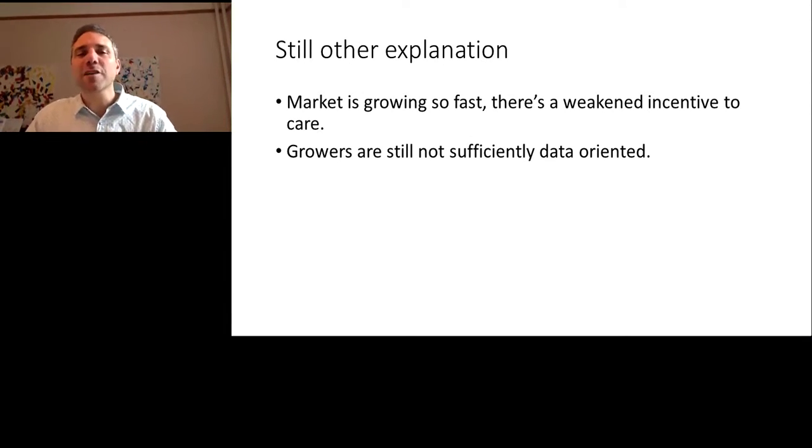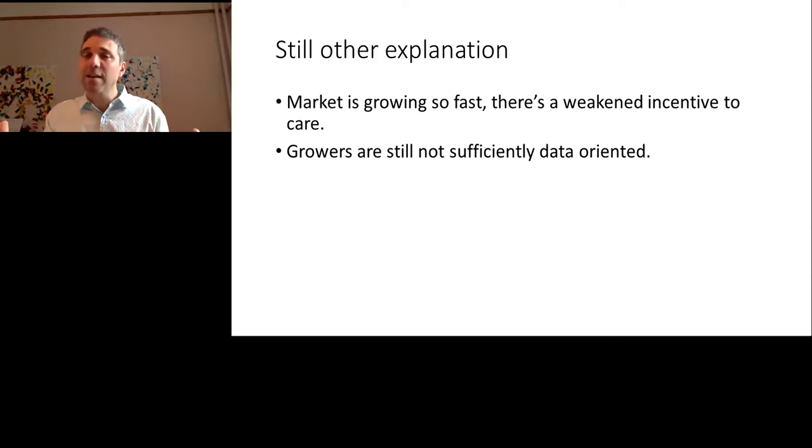And there are other reasons also. One very likely reason is just that this market is growing so fast right now, and the revenues associated with getting plants out the door are so high, that there's just not a very strong incentive right now to think about little details like space optimization.